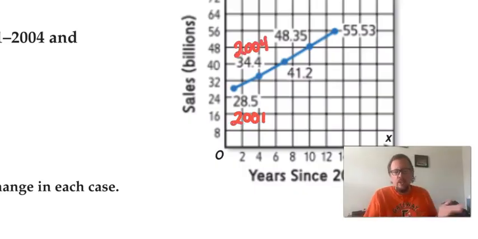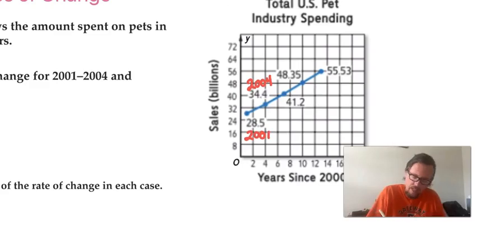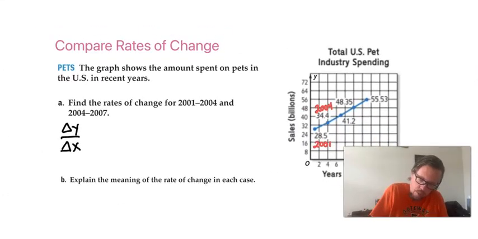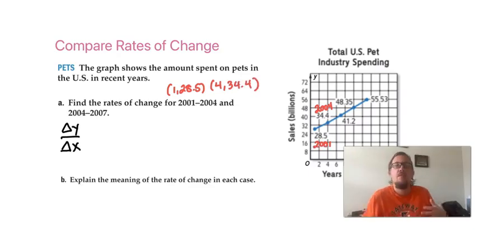So the coordinates are actually 1, 28.5, and 4, 34.4. The year is 2004, but since the x-axis is measuring years since 2000, it's just the number 4.